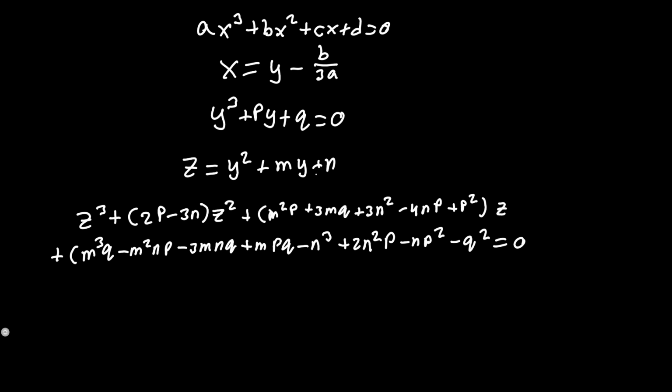Because if we want to relate the general depressed cubic's roots to those of the transformed quadratic, pretty much we want our quadratic in terms of y to share a root with the cubic.